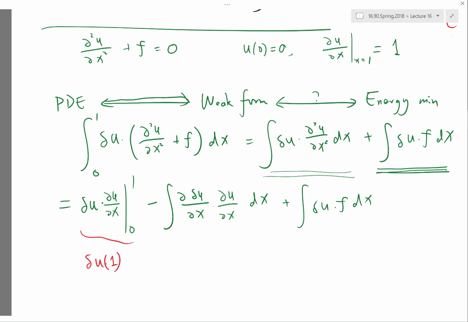What if my u0 is equal to 100? What is my delta u at 0? Still 0, right? So the value of this Dirichlet boundary condition doesn't really change the boundary condition of delta u. Delta u at that fixed boundary is always 0. Sometimes it's very easy to think of finite element from a structural perspective.